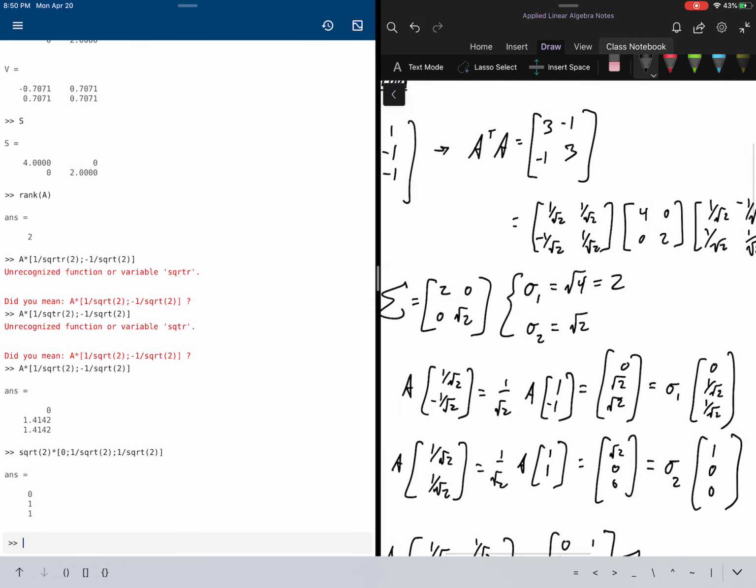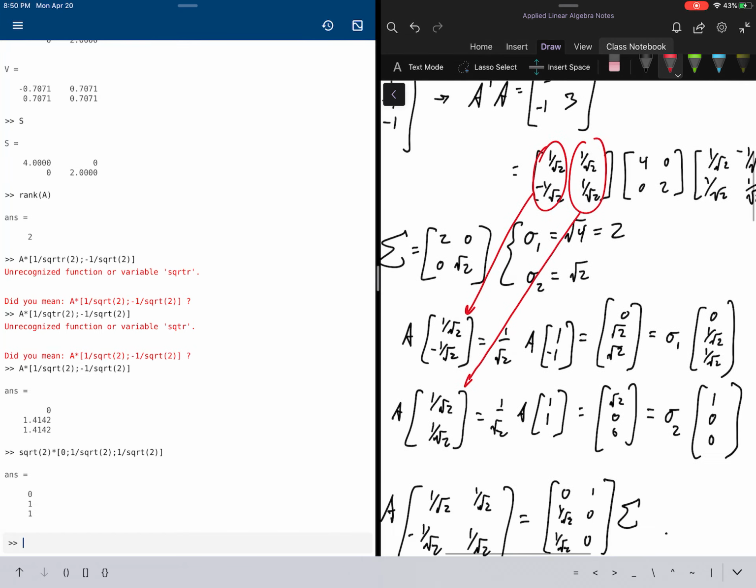By the way, I'm getting these from up here. So this goes down here, this goes down here. I'm not just pulling these out of thin air. I'm just making sure that when I multiply A into these vectors, I wind up with something that makes sense, something that looks like an eigenvector.